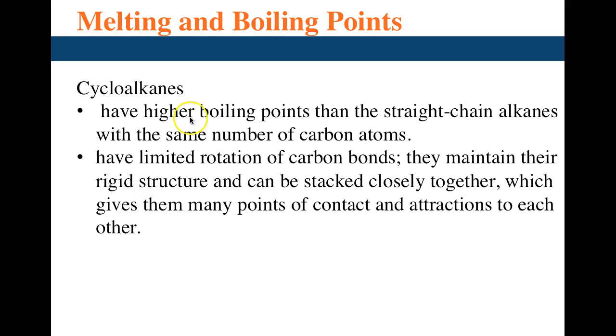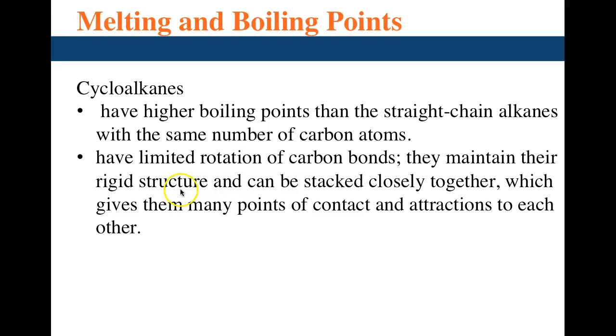So cycloalkanes have higher boiling points than the straight chain alkanes with the same number of carbon atoms. Because the cyclic structure is very rigid, whereas in the straight chain there's free rotation, because the carbons can freely rotate around and form different conformations.